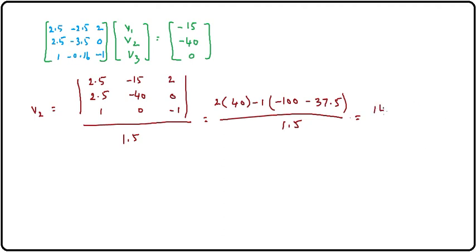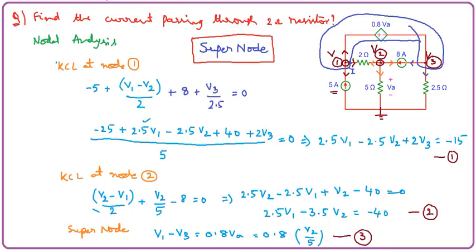So this value is 140, sorry, 145.5 divided by 1.5 is equal to 97 volt. If our job is to calculate the current passing through the 2 ohm resistor only, then it is very simple for us, so we need not calculate V3 also.